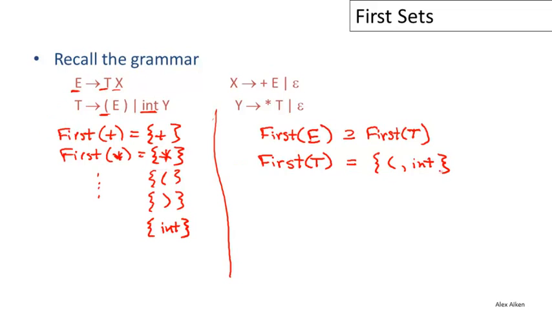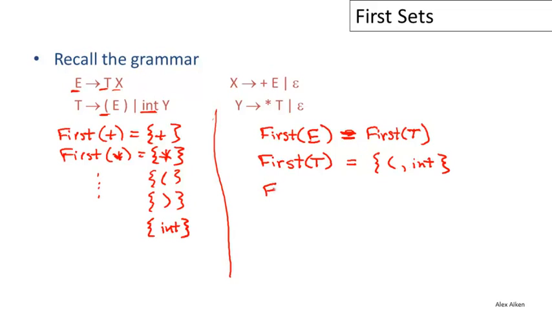The first of T always generates at least one terminal symbol. So there will never be a situation in which X can contribute to the first of E, because T is always guaranteed to generate at least one terminal. So in fact, this subset that we wrote up here is not a subset at all, it's an equality. The first of T and the first of E are equal. So the first of E is also open paren and int.